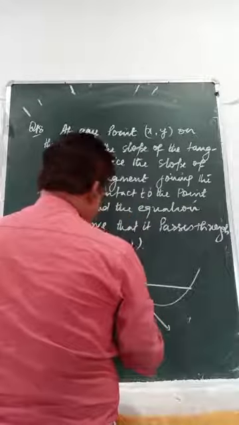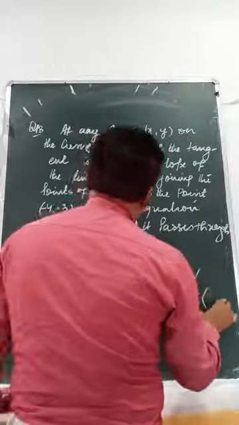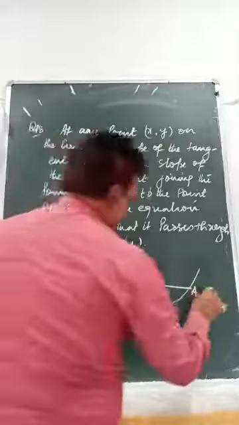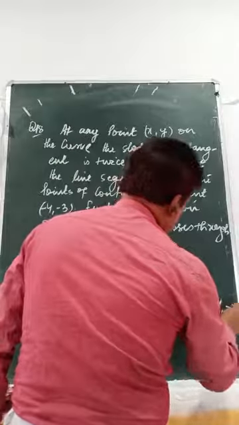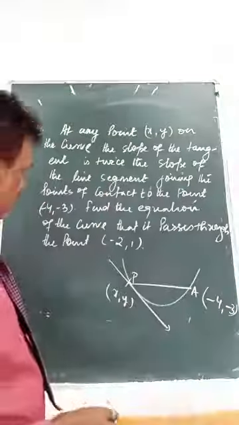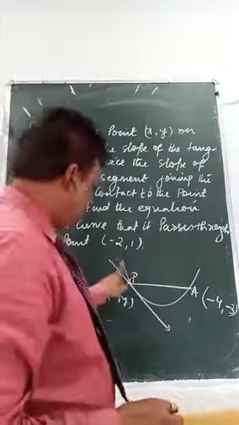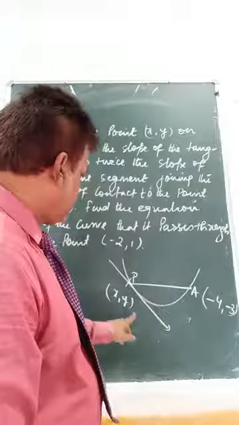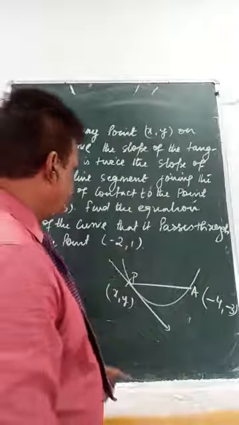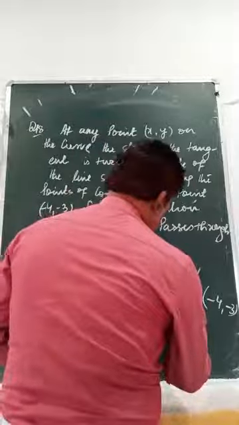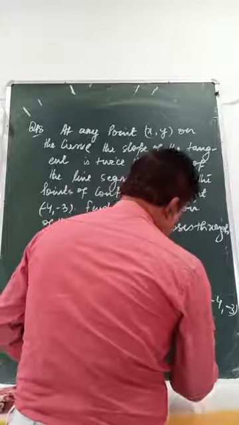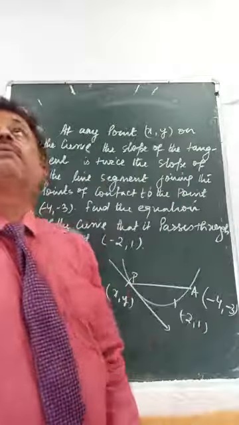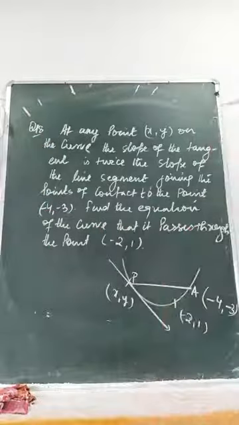This is, suppose, P, and this is, suppose, A, that is (-4, -3). Then find the equation of this curve that passes through (-2, 1). Any point on the curve. So how to find?